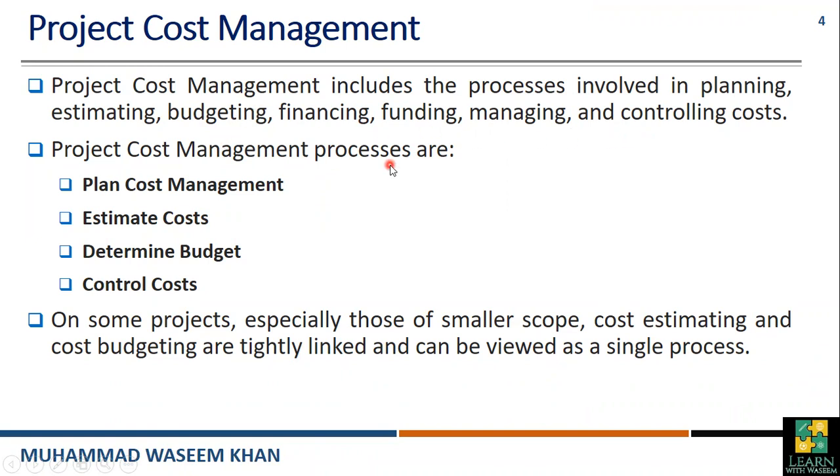The project cost management processes, as we have discussed in the previous slide, are plan cost management, estimate costs, determine budget, and control costs. On some projects, especially those of smaller scope, cost estimating and cost budgeting are tightly linked and can be viewed as a single process.